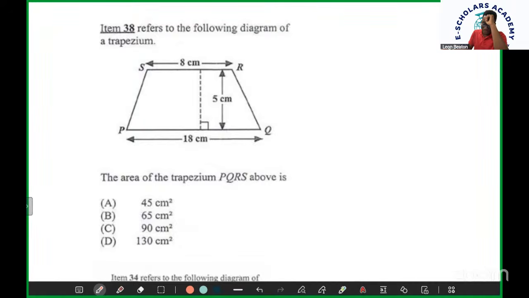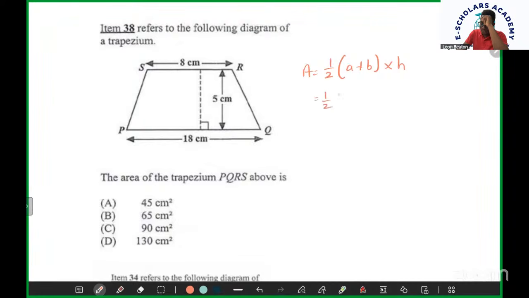All right, this one refers to the following diagram of a trapezium. What is the area of the trapezium PQRS? To find the area of a trapezium, it's half the sum of the parallel sides, A plus B, multiplied by the perpendicular height. Nothing big and fancy here, we just have to find the area.